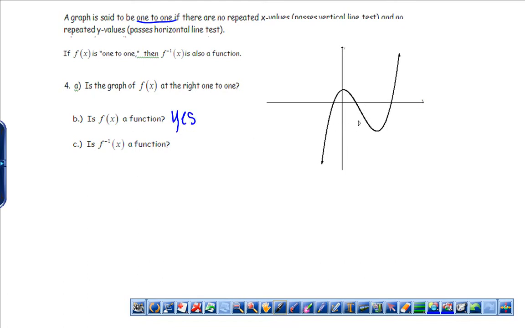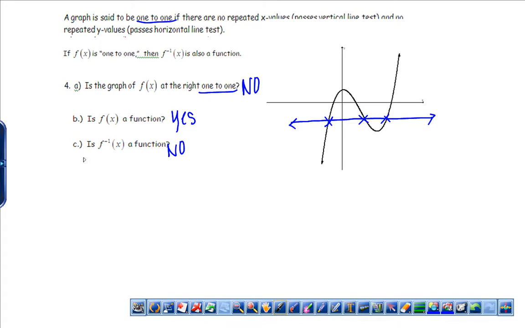Is the inverse a function? So if you were to draw a line anywhere on this, could this be a function, the inverse? And I'm thinking this one is not. So going back up here to number 4, is this a 1 to 1? And I'm going to tell you this is not. If either one of these is a no, then it is not 1 to 1. And that's how you can test that out.